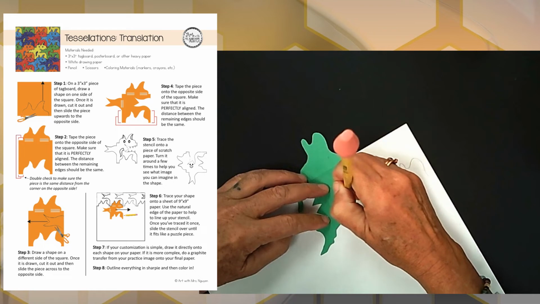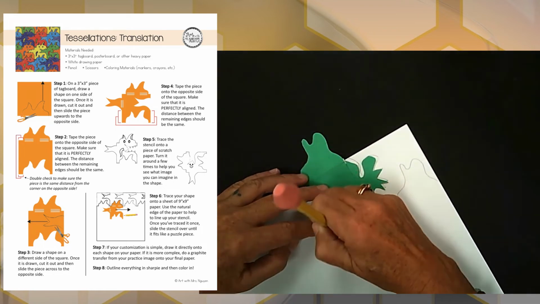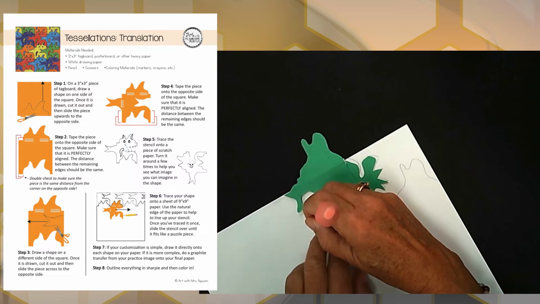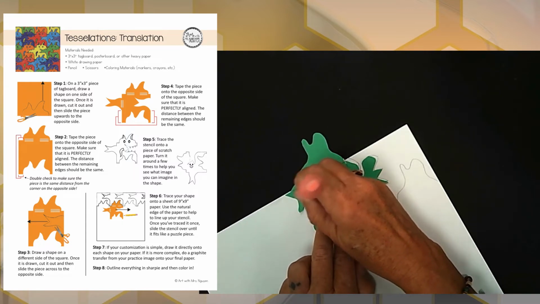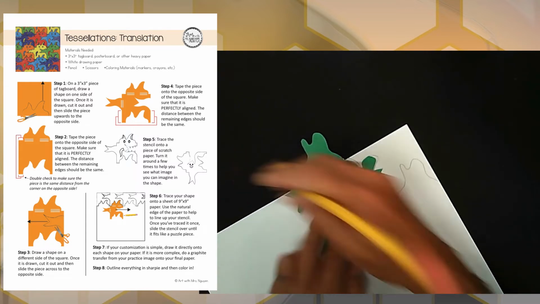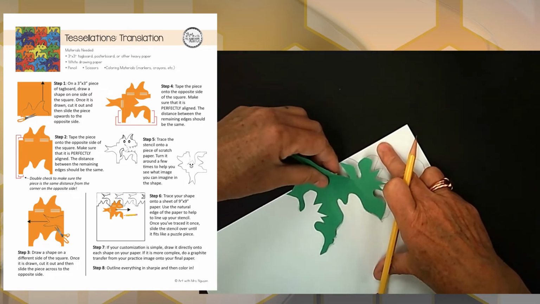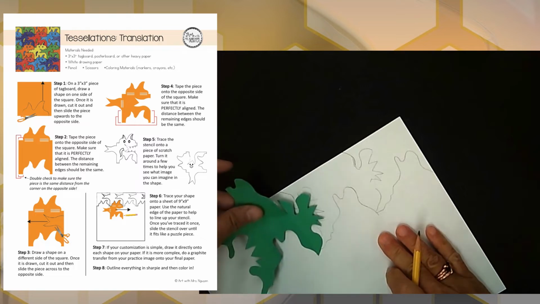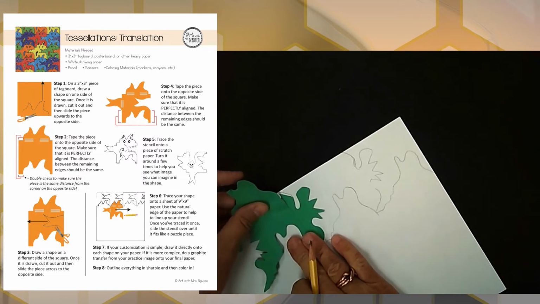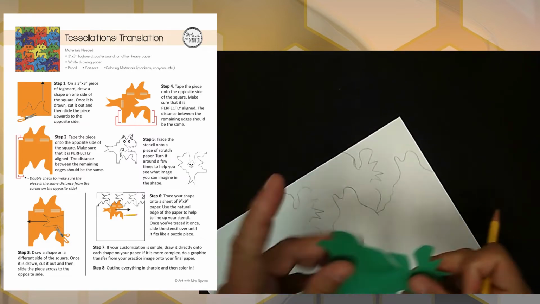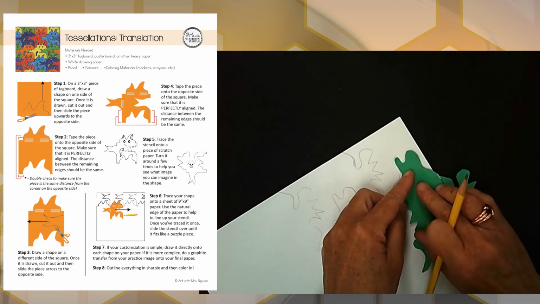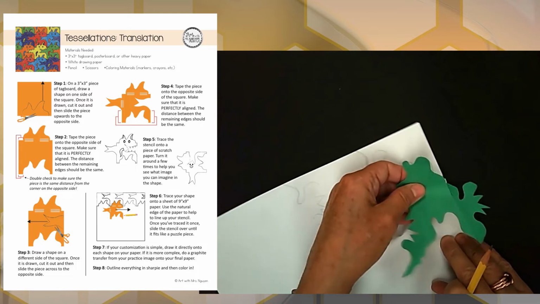And you're going to do this until you fill up all of your paper. And ideally, when you get done, it will all fit. Okay? So you're going to go all the way across and all the way across, and then this little piece here should fit right into this. And line them up.